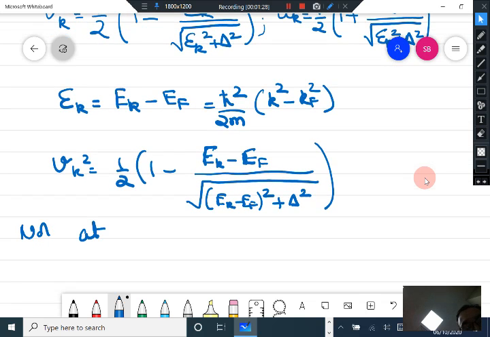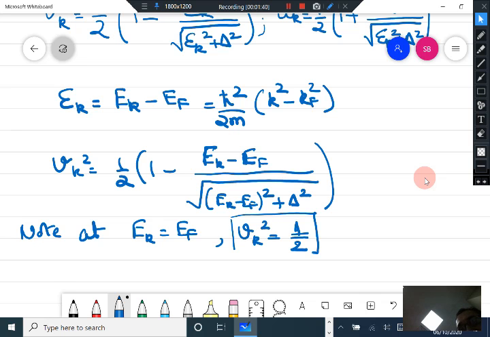Note that at Ek equal to Ef, the Vk square becomes equal to half. So the probability of occupancy of this k prime state becomes equal to half. This is the probability of the k up, minus k down state being occupied. So right at the Fermi energy, the probability of this occupancy becomes half.